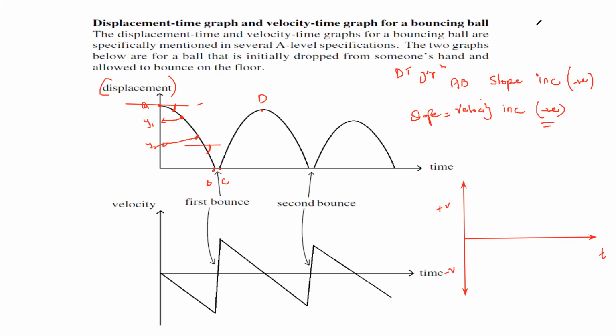So how do we represent a velocity increasing with a negative value? We draw a line showing that the velocity is increasing in value, but on the negative axis. Is it clear, this part from A to B?